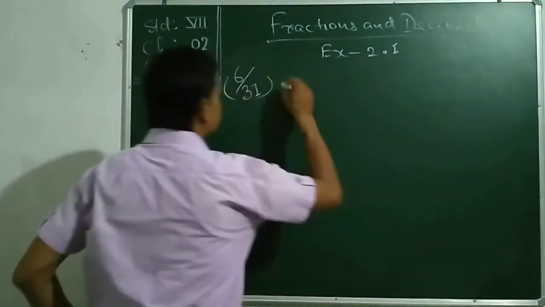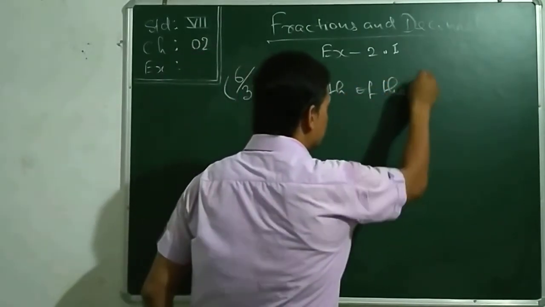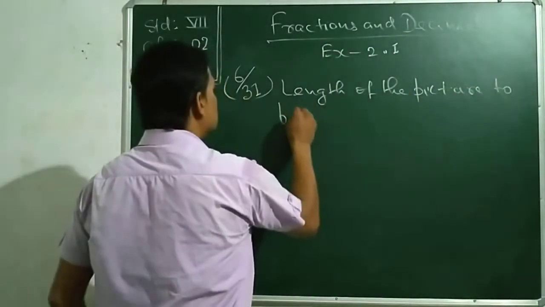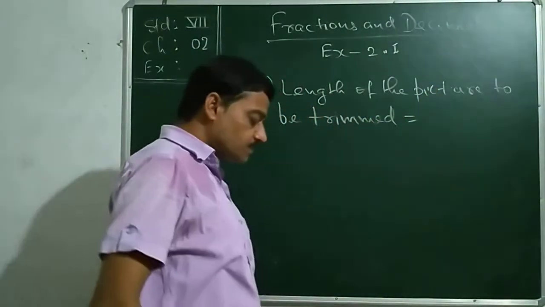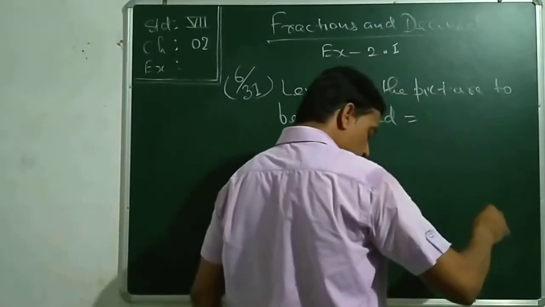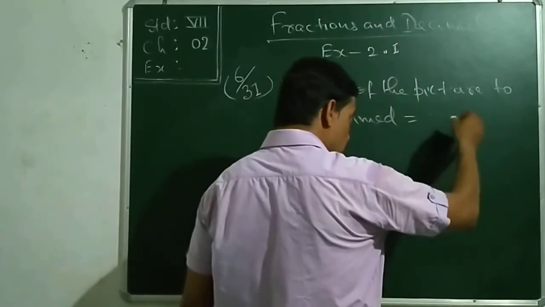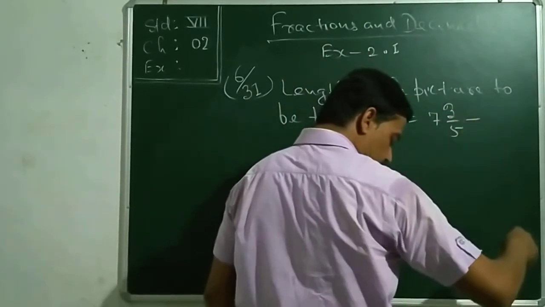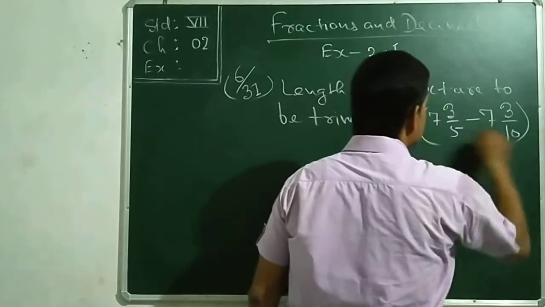Length of the picture to be trimmed equal to 7 whole 3 by 5 minus 7 whole 3 by 10 cm.